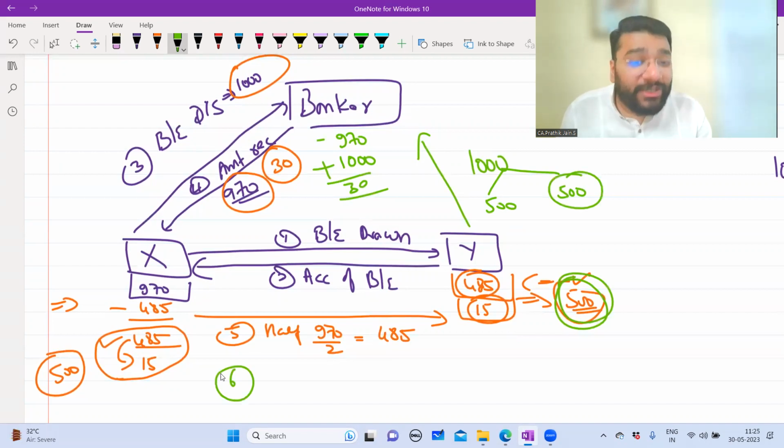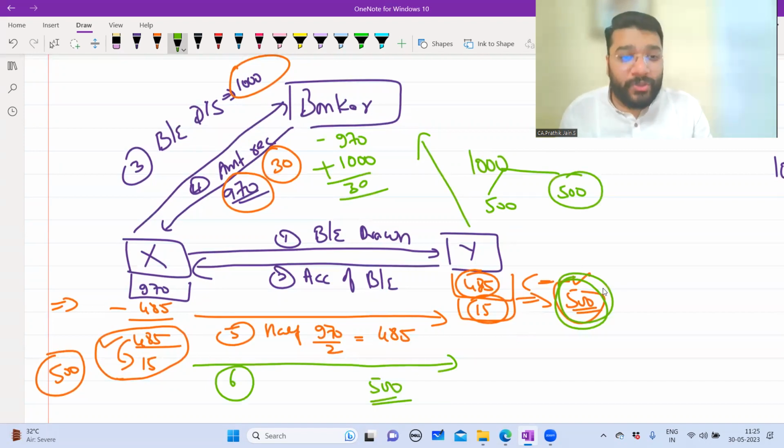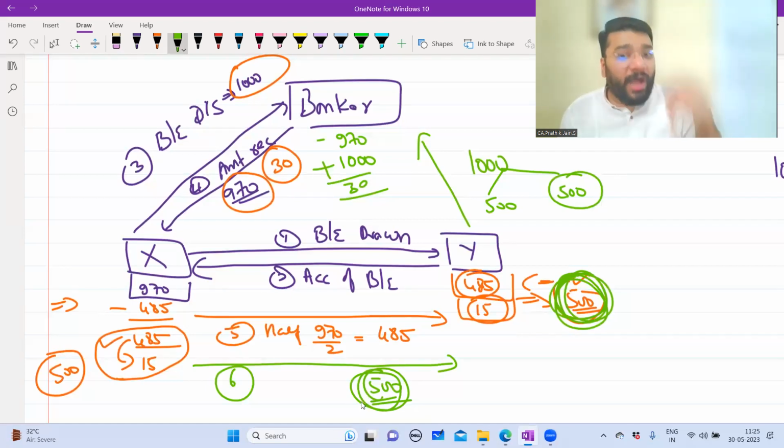So the sixth transaction goes this way. On the due date, X will make the payment of 500 rupees to Y. So when the bill is discounted, Y is already enjoying 500. On the due date, Y is receiving a further 500. So now Y has how much money in total? Guys, when the bill was discounted, Y got 500 rupees.